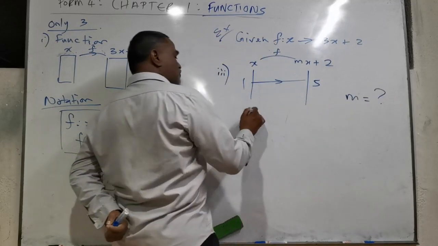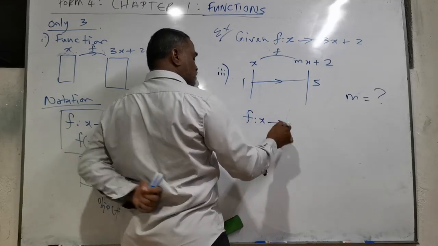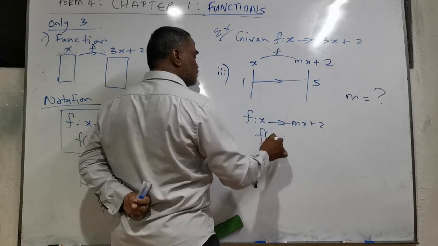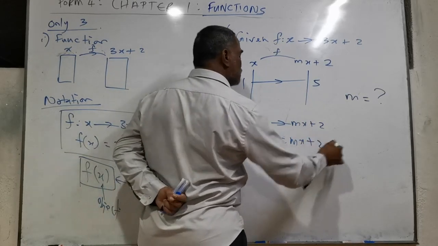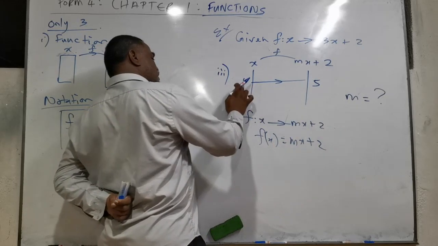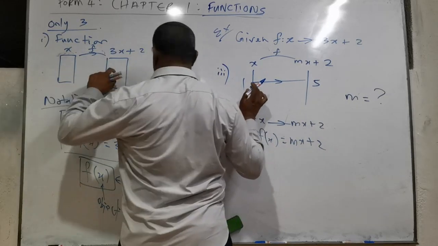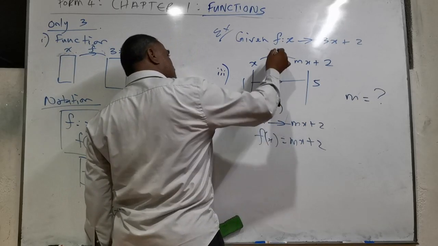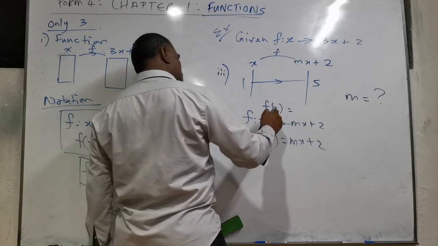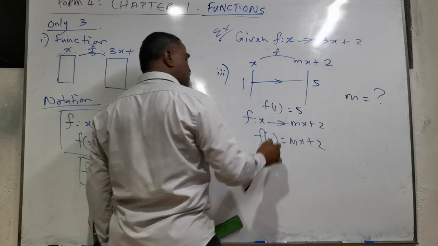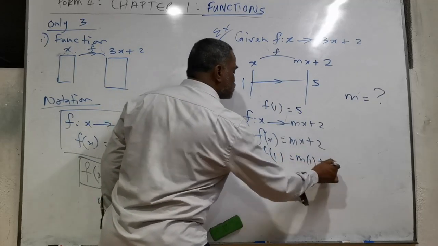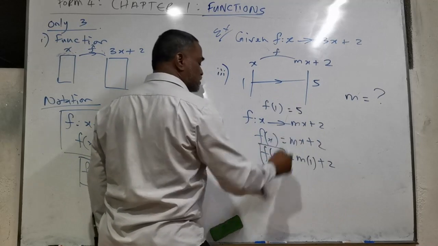To find it, first of all you need to write the notation of the function: f(x) = mx + 2. Just now I said 1 is the object, and the whole thing is the image, so you write f(1), with the whole thing equal to 5. The x you substitute with 1, so m times 1 plus 2, the whole thing equals 5.